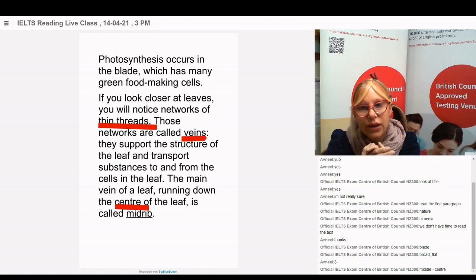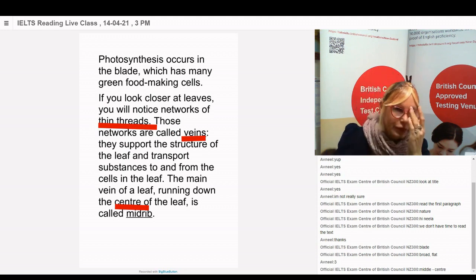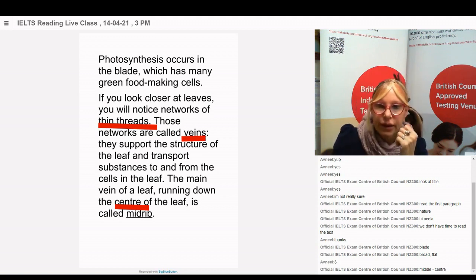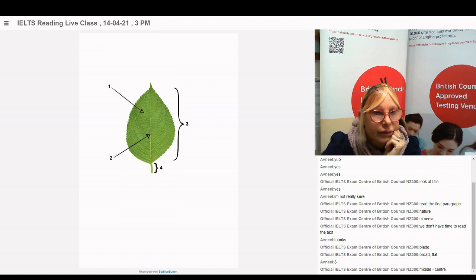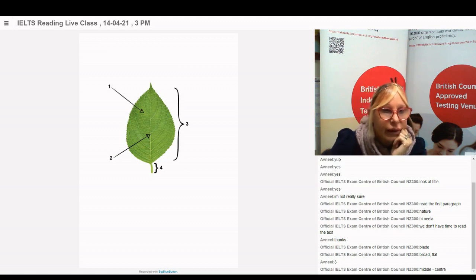So which one do you think it is for number 2? So there's number 2, they're pointing to the line that goes down the middle, and number 1 is pointing to something just on the left of the middle. So which one do you think it is? Which one is number 2? You can type your answer.